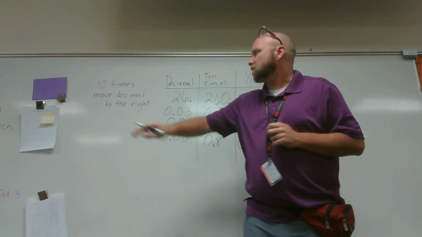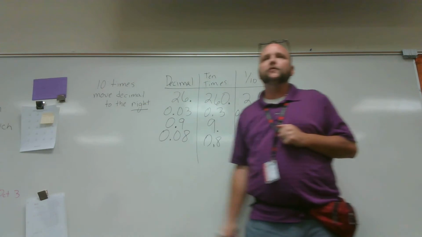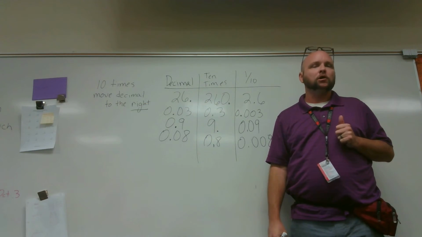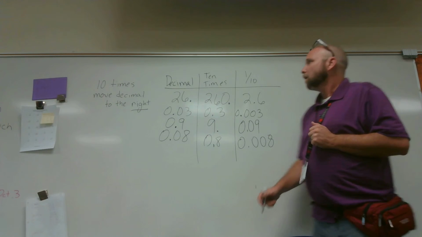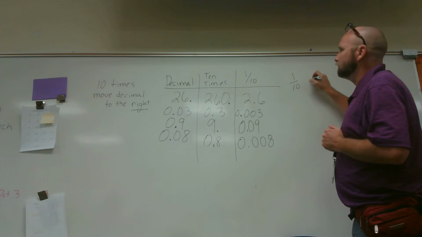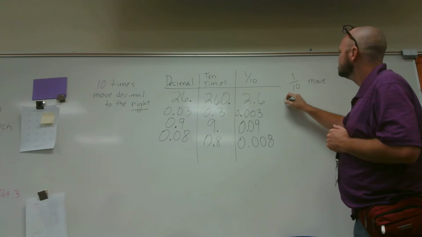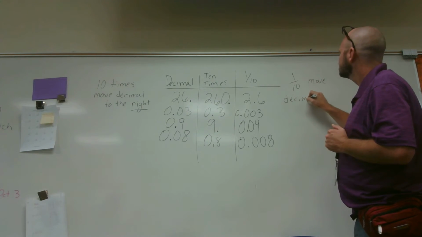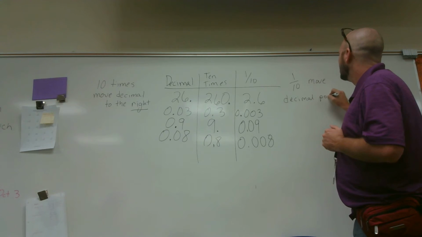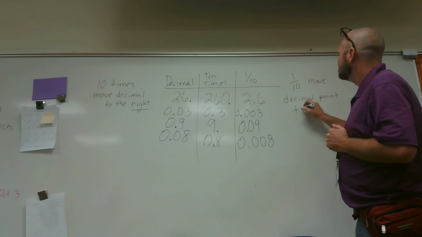If you're taking 10 times your original decimal, you move the decimal point to the right. That makes the number bigger. If you're doing 1/10 of your original decimal, you move the decimal point one time to the left.